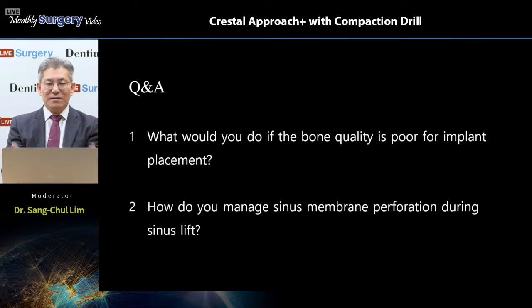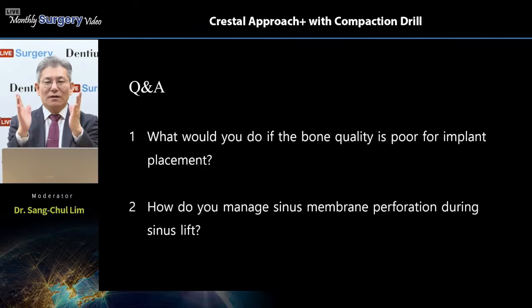So the fat belly style, the middle portion of the fixture is fatter and has a big diameter compared to the apex and top portion. It means the middle portion engages the cancellous bone. The poor bone quality case has softer cancellous bone and a thin, small volume of cortical bone, right?